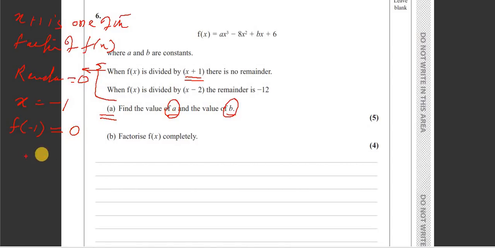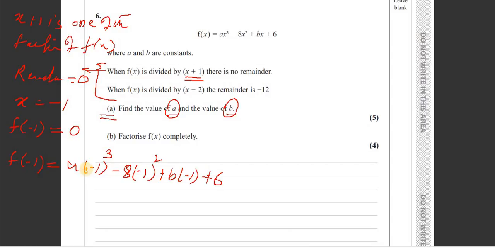So now if f of x is ax cubed minus 8x squared plus bx plus 6, you can substitute minus 1, so you can say f of minus 1 is a into minus 1 whole cube minus 8 into minus 1 whole square plus b times minus 1 plus 6, and f of minus 1 is equal to 0.